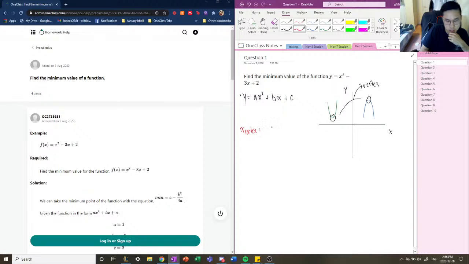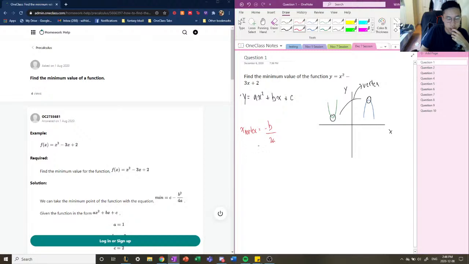So x vertex equals b squared minus 4ac, or sorry, b over 4a. I think it's 2a.